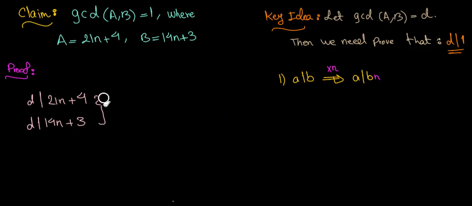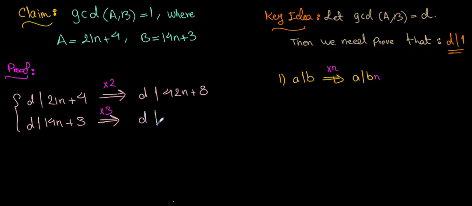So, first of all, I multiply the first one by 2, so I have d divides 42n plus 8, and the last one we multiply by 3, so d divides 42 times n plus 9.